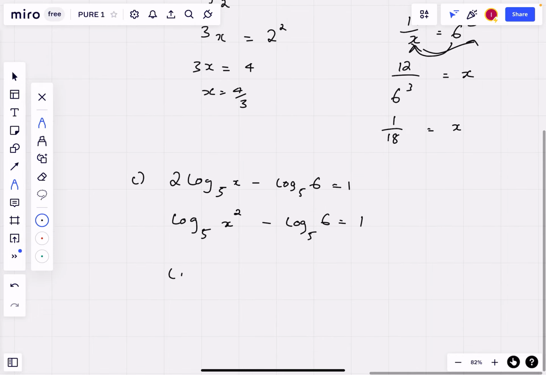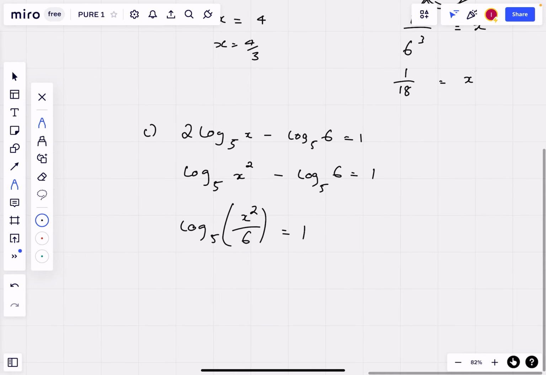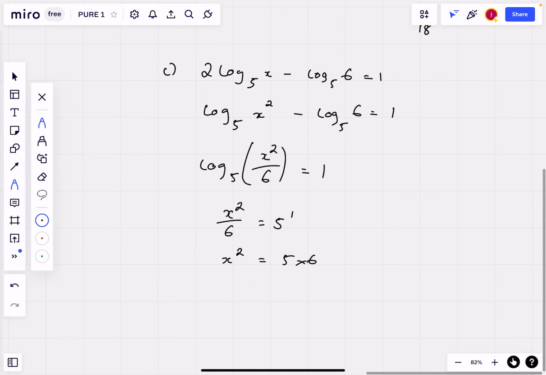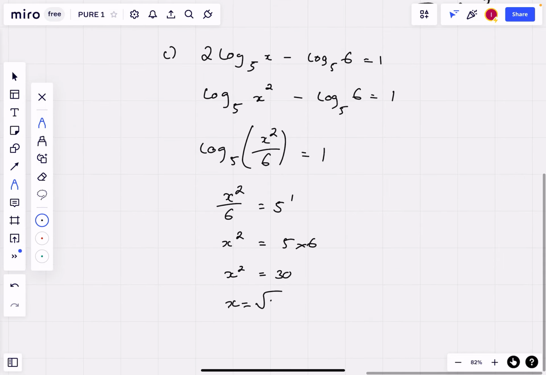And now division. x squared over 6 equals 1. And now the equivalence. x squared over 6 equals 5 to the power of 1. x squared equals 5 times 6. x squared equals 30. x equals root 30.